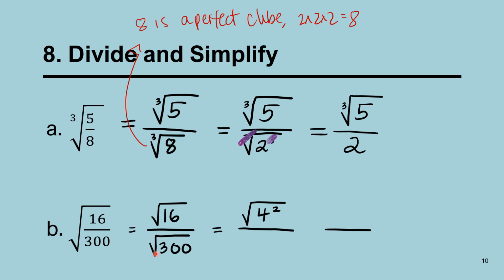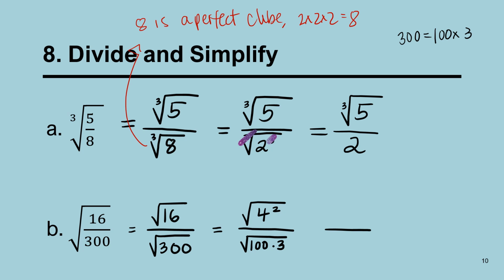But what about the bottom? 300 is not a perfect square, but it does have perfect square factors. 300 can be written as 100 times 3. 100 is a perfect square. So let's split that up: 300 is the same thing as 100 times 3.